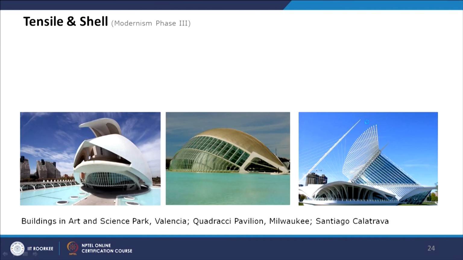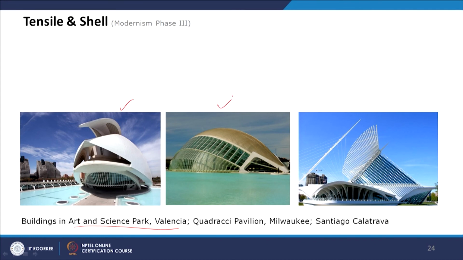Now, another architect who took this new futurist form into the postmodern style was Santiago Calatrava. This is the Art and Science Park of Valencia. These two buildings are there. This is the IMAX of the Art and Science Park of Valencia. This is one of the museum buildings.